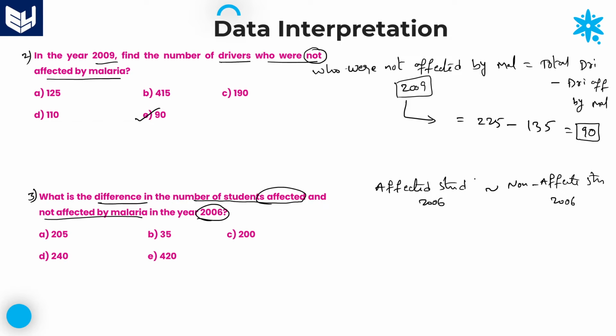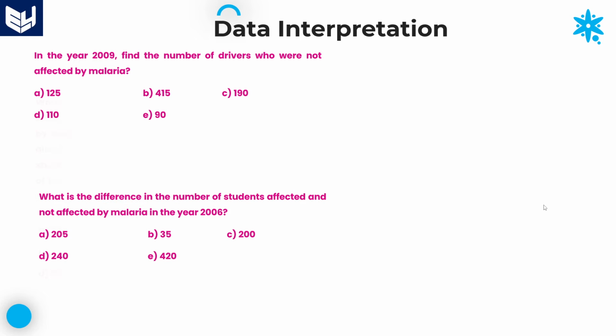First, you need to calculate non-affected students. Non-affected students is nothing but total students minus students who are affected by malaria.